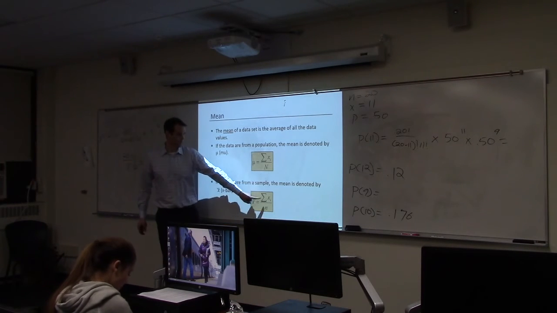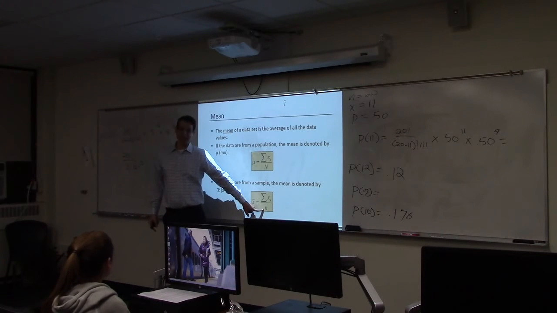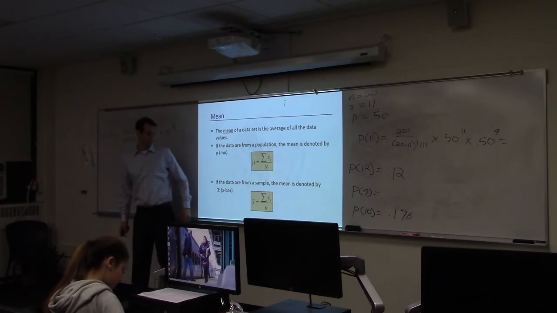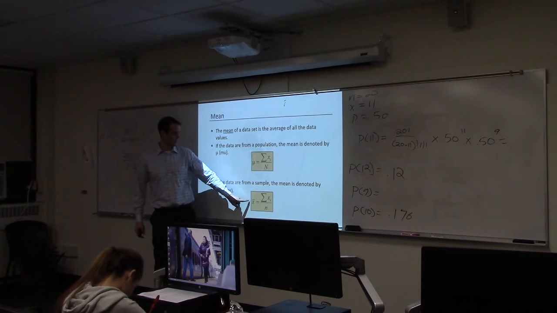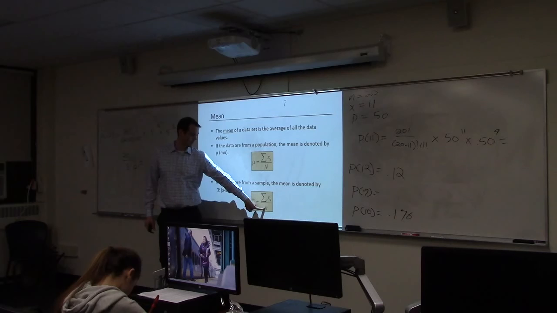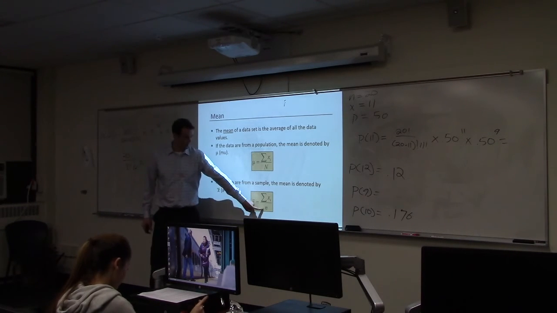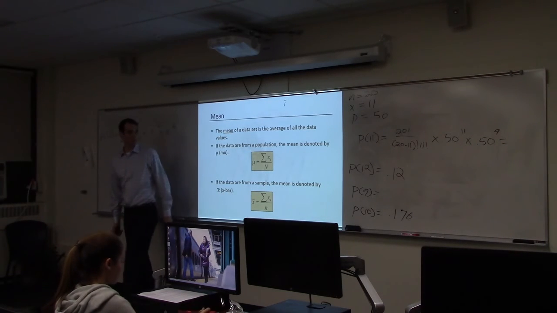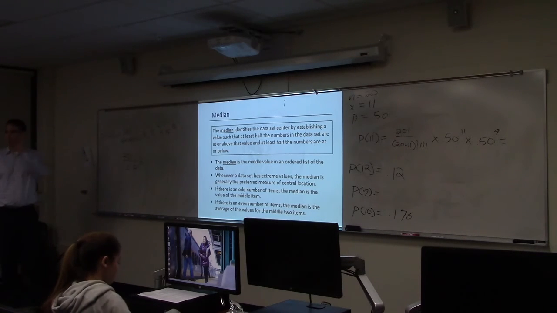The sample mean is all 35 of those trees, their heights added up, divided by n, the sample size. Little n is the sample size. That's 35. So mu, population mean, large N, population size. X bar, sample mean, little n, sample size. We'll use this so many times you'll get used to it quickly. Okay, we're good on mean?